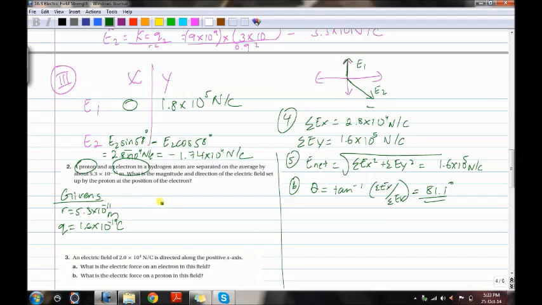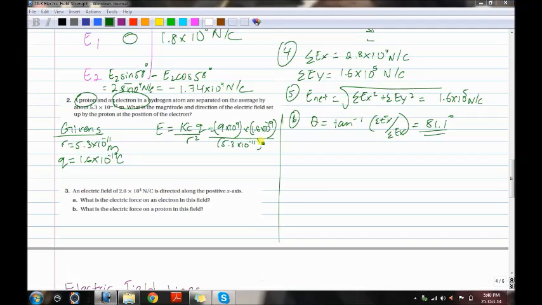So the formula is E equals Kc Q over R squared. And remember, Kc is 9 times 10 to the power of 9. So 9 times 10 to the power of 9 times the Q, which is 1.6 times 10 to the power of negative 19, over R squared, which is 5.3 times 10 to the power of negative 11, to the power of 2.